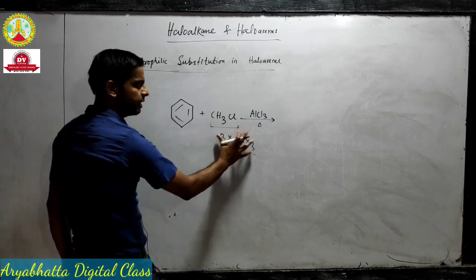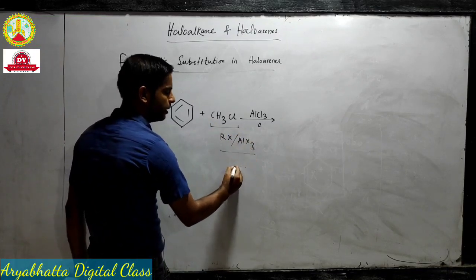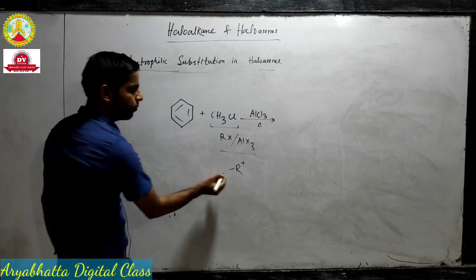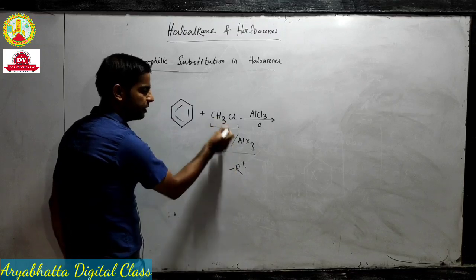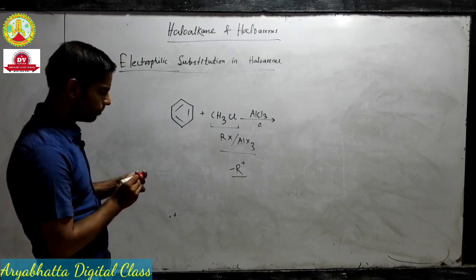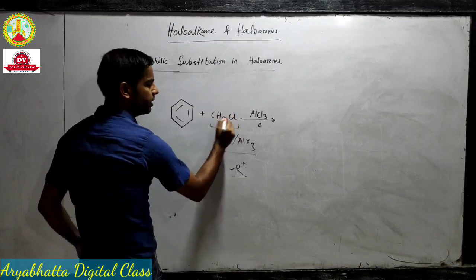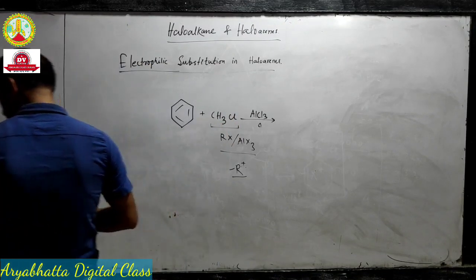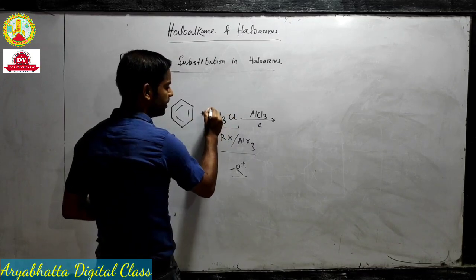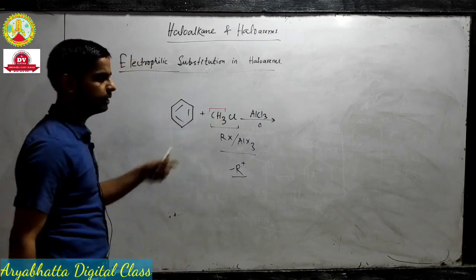When the reagent was RX and AlX3, the electrophile was R positive, isn't it? So if you compare, which one is the alkyl part? In CH3Cl, if you split this, you will see that the CH3 part is the alkyl part.